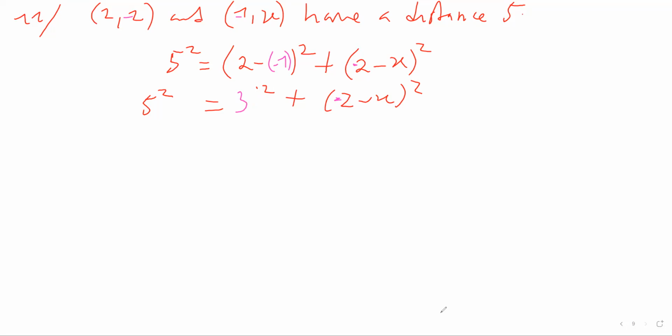So if you do that, then you have 5 squared minus 3 squared is equal to (-2 minus x) squared. And then if you expand (-2 minus x) squared, you will get on this side 4 plus 4x plus x squared.